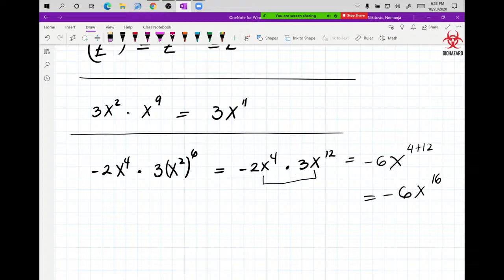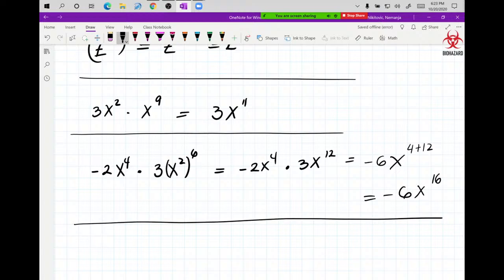I'm going to go through this problem again because this problem has a lot of different features to it. So we have this to deal with first, and you guys did an excellent job because you see that's a power to a power, and that gives us 12.